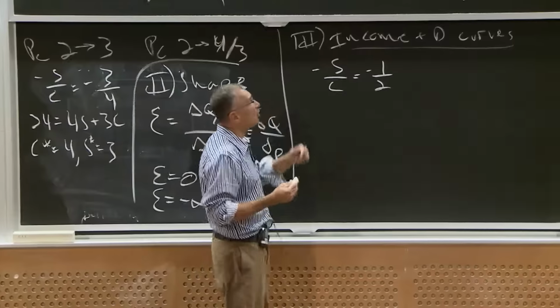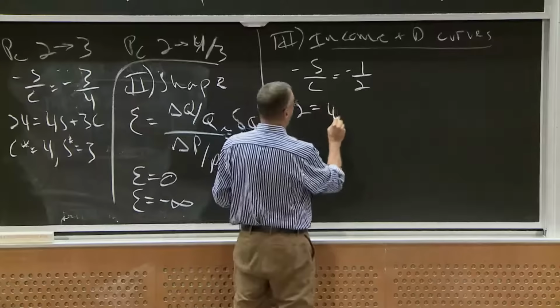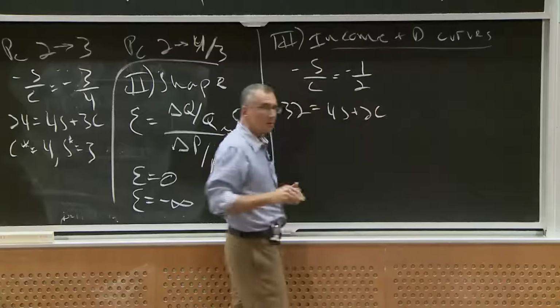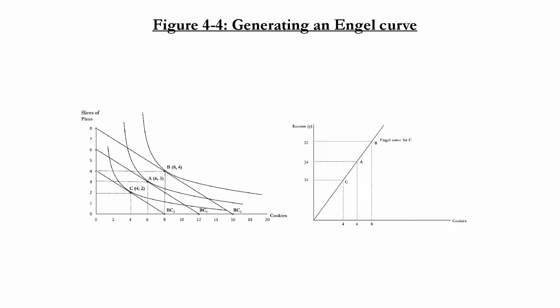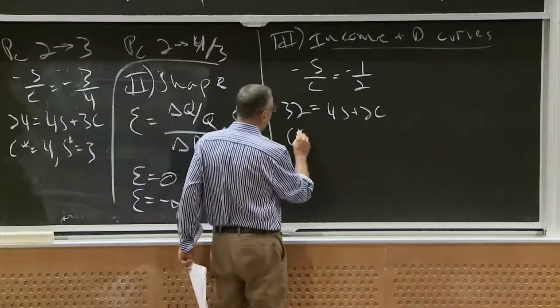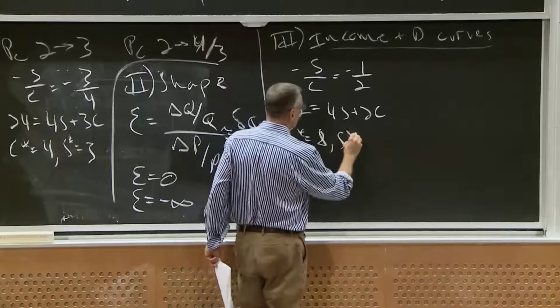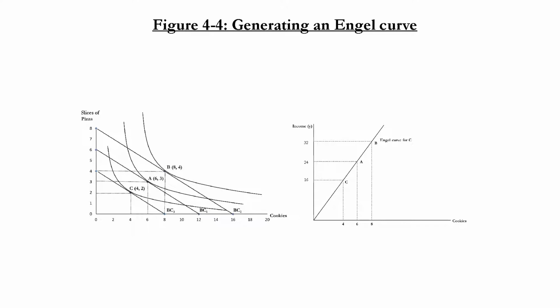What's changed is the second equation, which is your budget constraint, now 32 equals 4S plus 2C. So the tangency condition hasn't changed. What's changed is the budget constraint. And when we solve for that, you'll now see you get that C star equals 8 and S star equals 4. So you change your consumption, but not because prices have changed. You're richer, you want more.